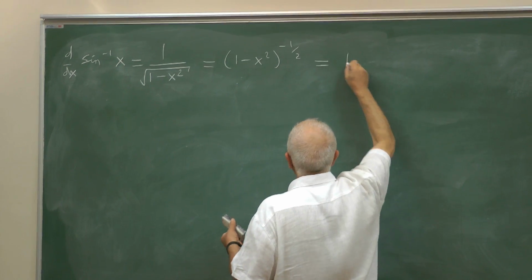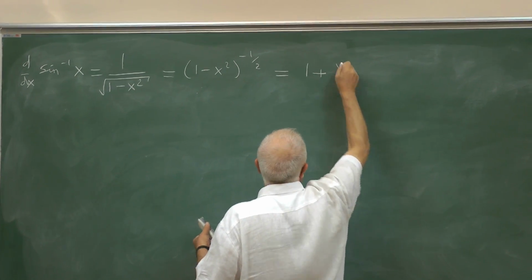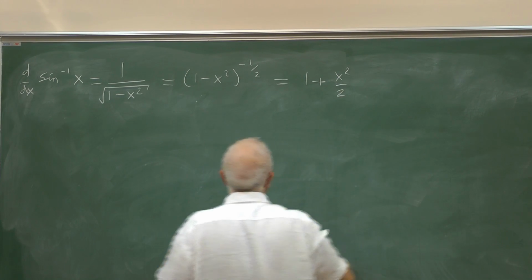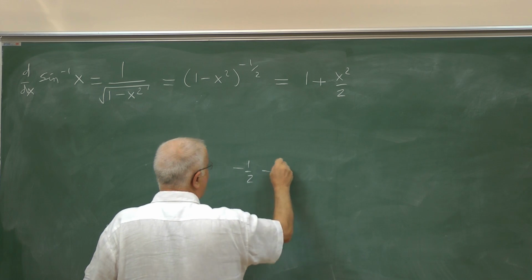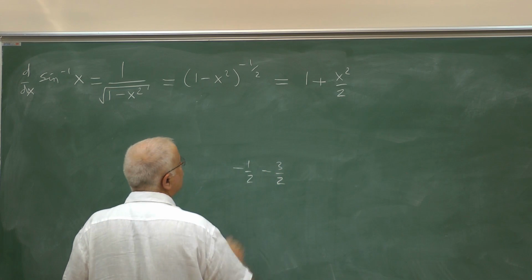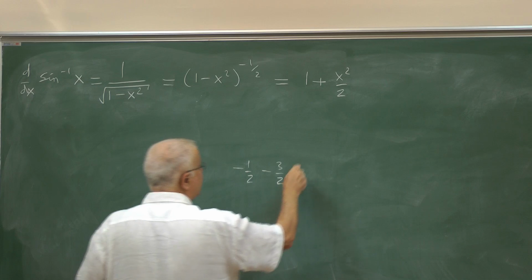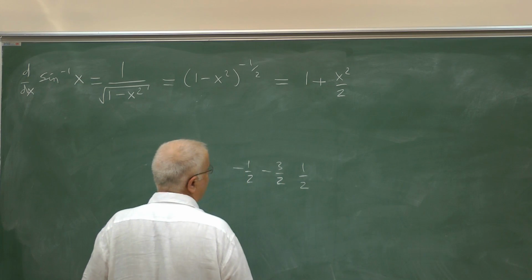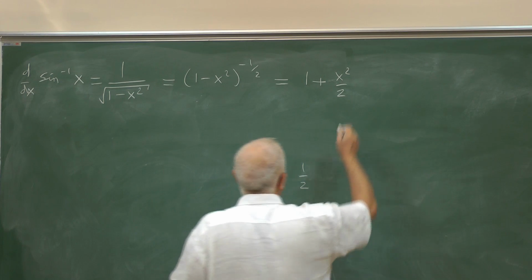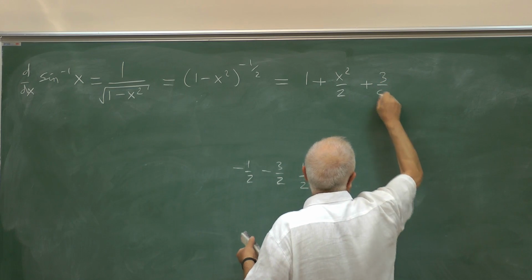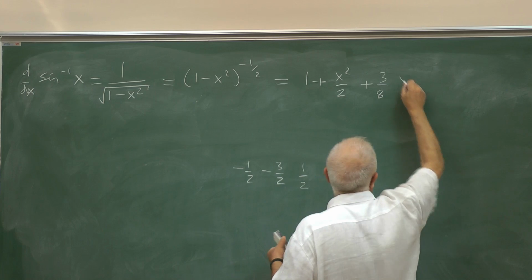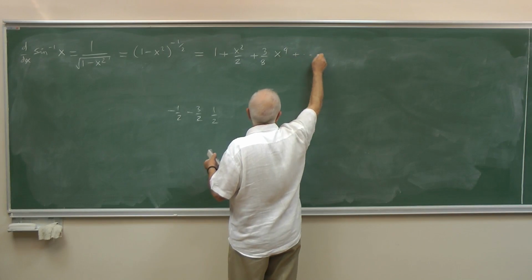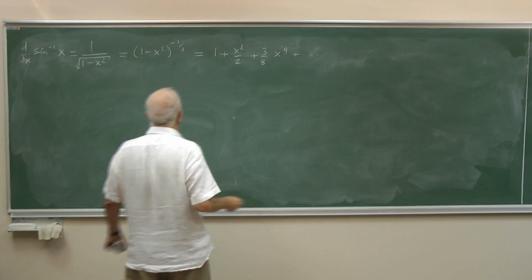This is 1, then plus x squared over 2, then minus 1/2 times minus 3/2 times x to the 4th, divided by 2 factorial. So that's 3 over 8 x to the 4th. And other terms, but this should be sufficient.